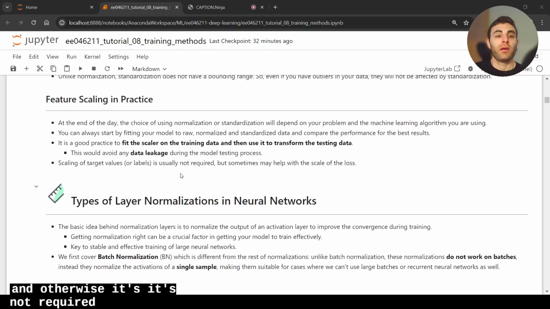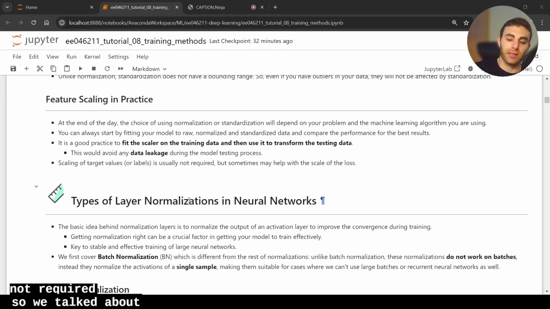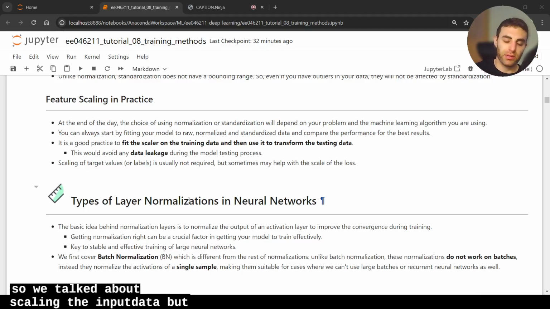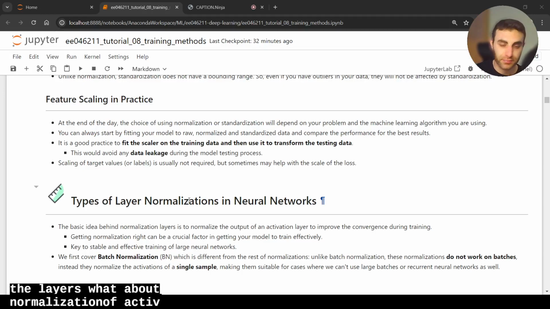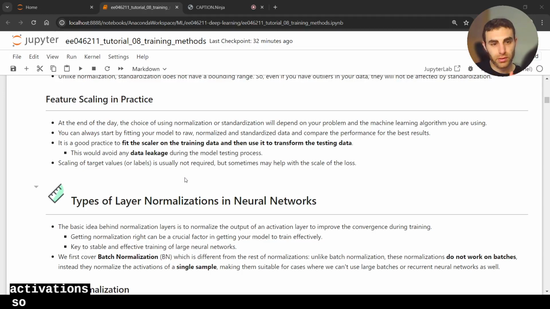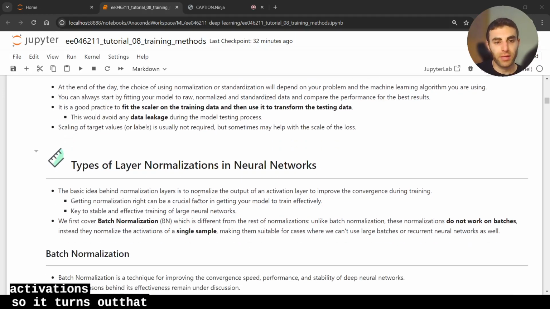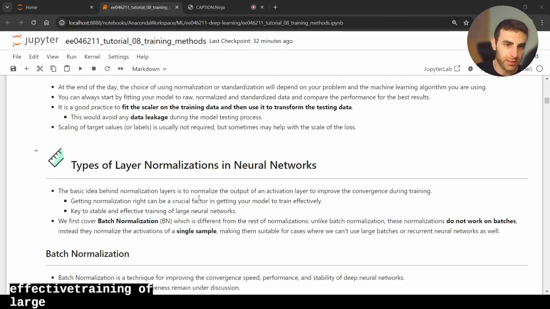Okay. So we talked about scaling the input data, but what about in between the layers? What about normalization of activations? It turns out that the key to stable and effective training of large neural networks is actually normalizing the activations, so in between the layers.